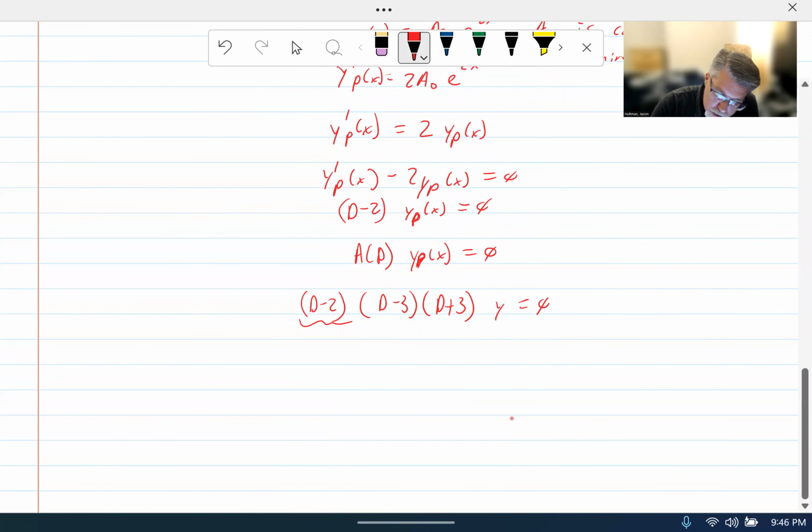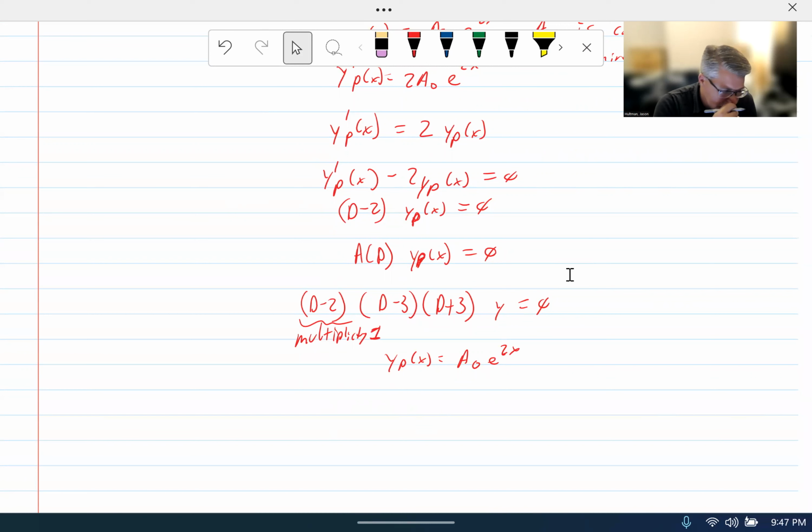Now this thing has multiplicity 1. And I also know that yp of x is equal to a naught e to the 2x. That's the way we set it up. And we also know that (D squared minus 9) of y is equal to 10 e to the 2x.